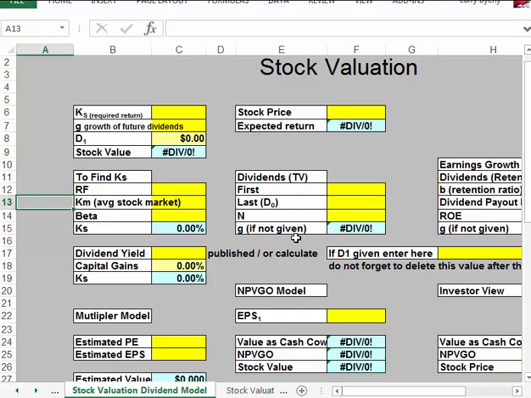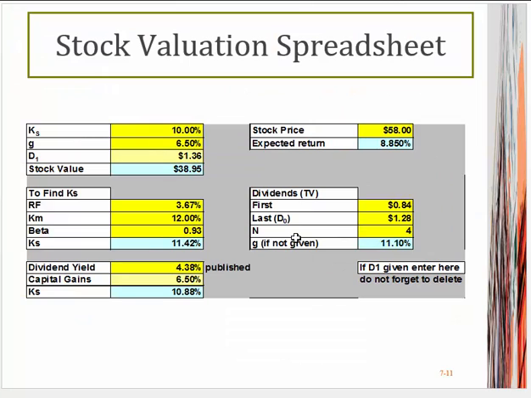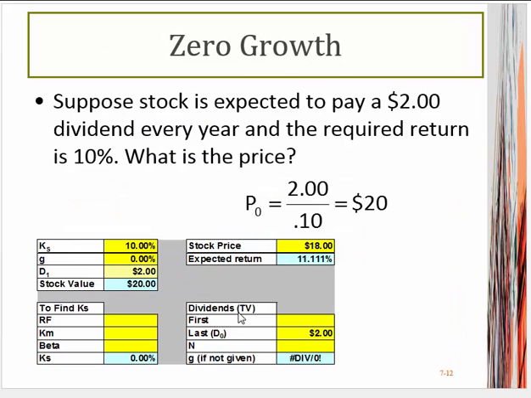So let's go ahead and get back to the presentation and talk about the different models. We're going to use the same spreadsheet here. This stock is going to pay $2 in dividends every year, and the required return is 10%. So what is the price?